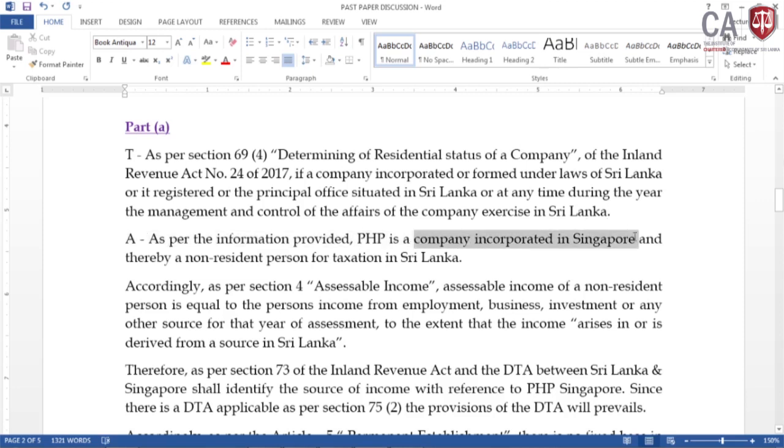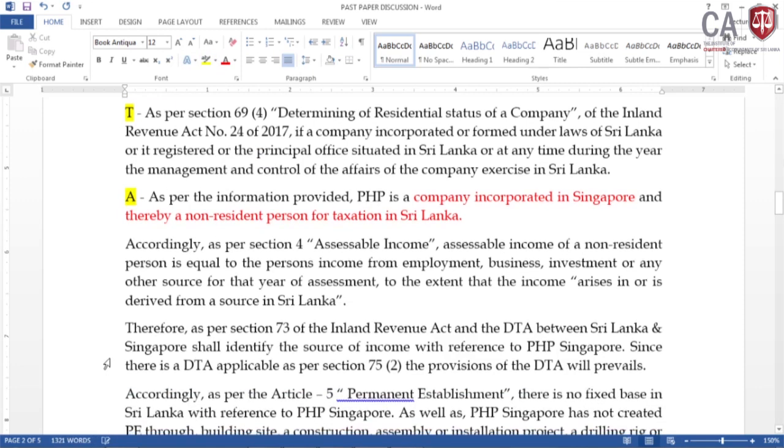Now I am telling what I have taken from the question: a company incorporated in Singapore, and thereby a non-resident person for taxation in Sri Lanka. I have concluded it as a non-resident person.